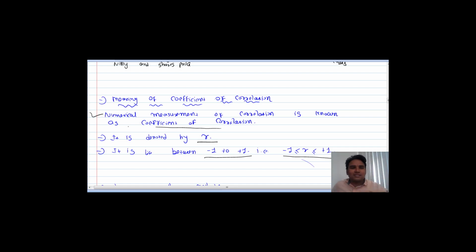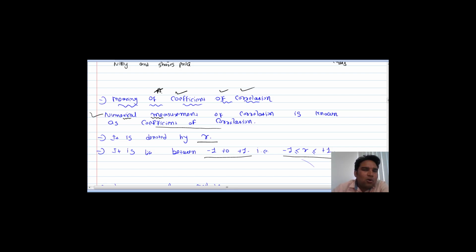Now the next point is the meaning of coefficient of correlation. The numerical measurement of the correlation is known as the coefficient of correlation. We see two variables which are connected with each other with a cause and effect relationship. Now if we measure how much they are correlated with each other, we will give the number of how much they are related to each other.